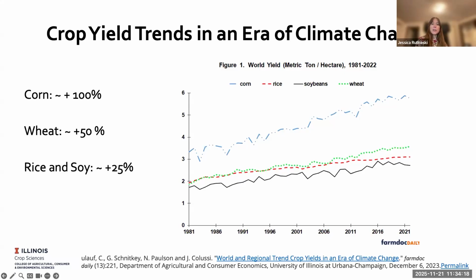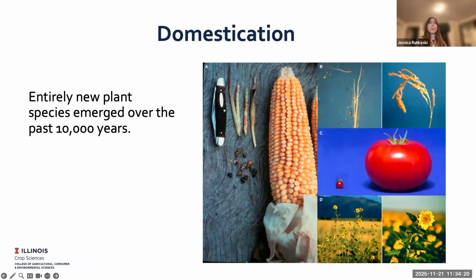And then another example of amazing progress that we don't often get to sit back and appreciate is just domestication, right? So in the past 10,000 years, we created entirely new plant species and modified these species, making them practically unrecognizable to what they were in the past.